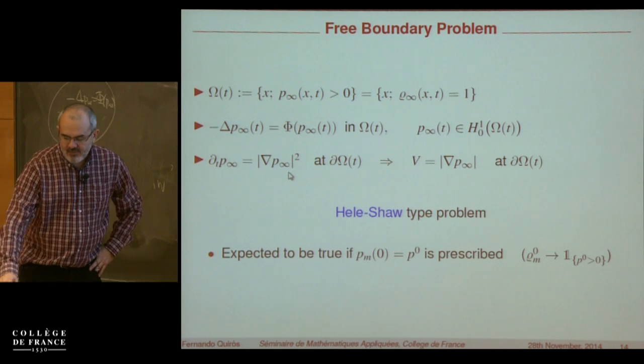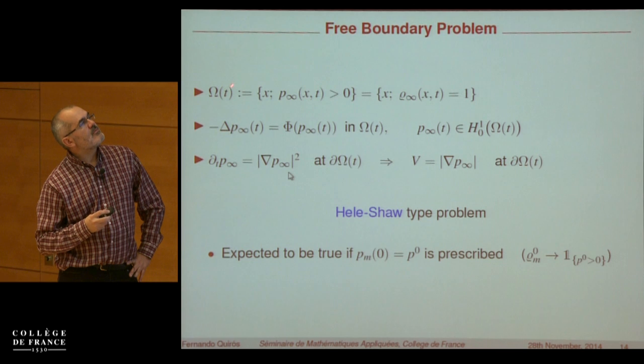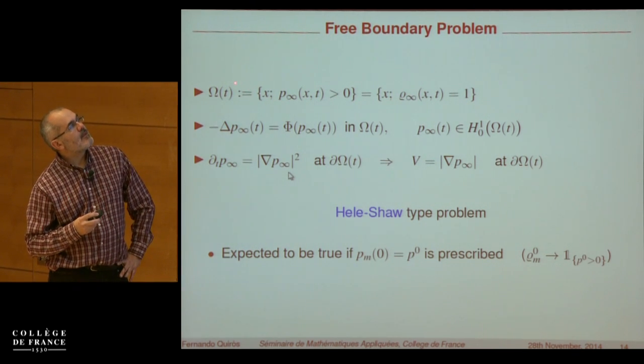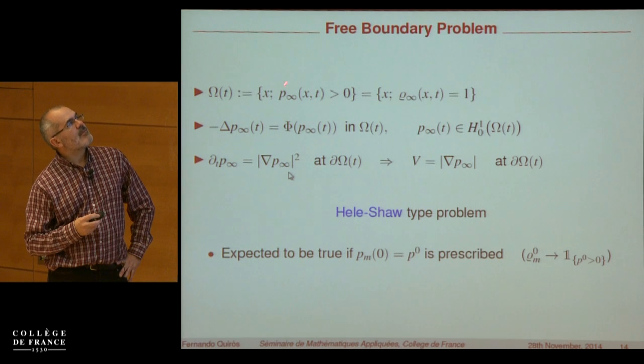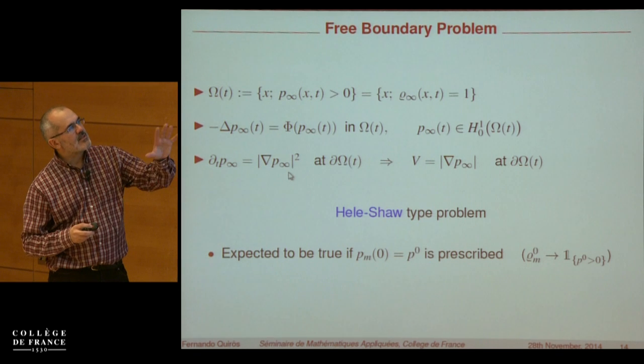Well, we expect to have a free boundary problem. The region occupied by the tumor is given by the region where p is positive, and in fact this has to coincide with the region with rho equals 1. Let me explain this in a moment.